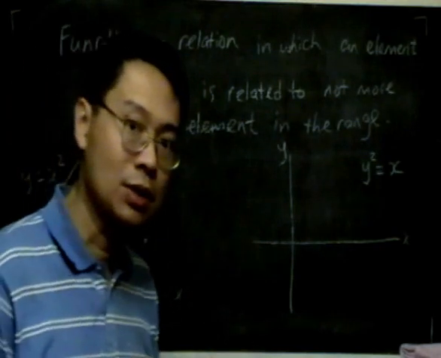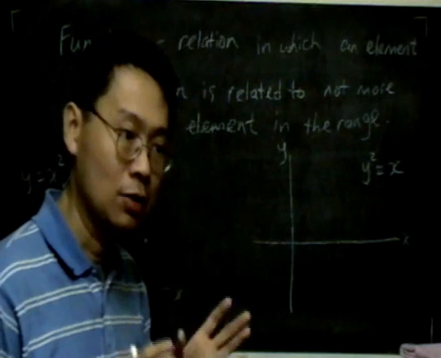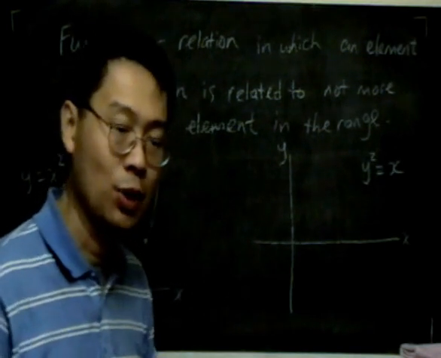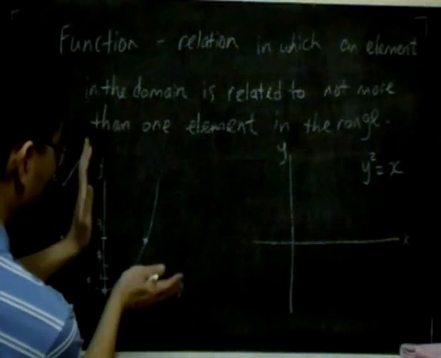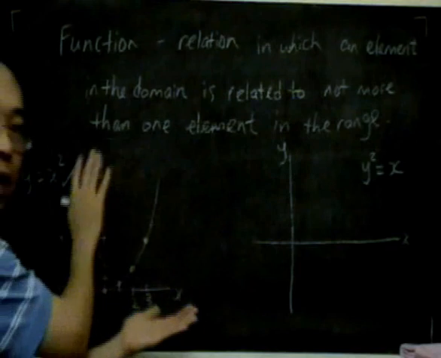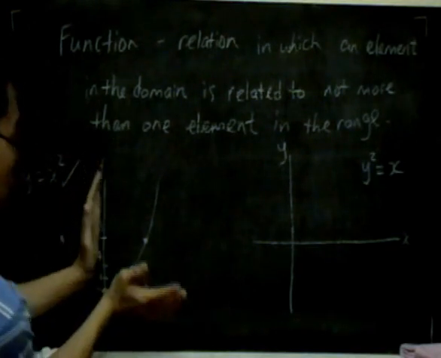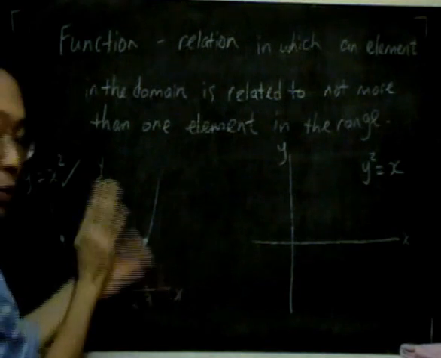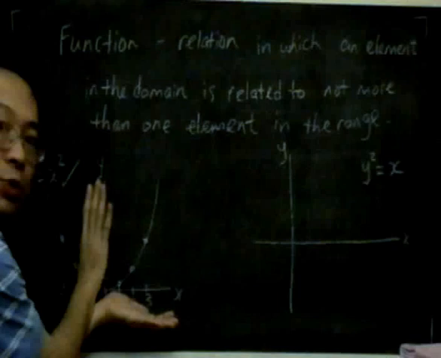So the easiest way to sketch the graph without doing any calculation is to imagine taking the y and x axes from this graph and exchanging them. If you take the x and y and exchange them, it's like taking a piece of graph paper and flipping it this way.